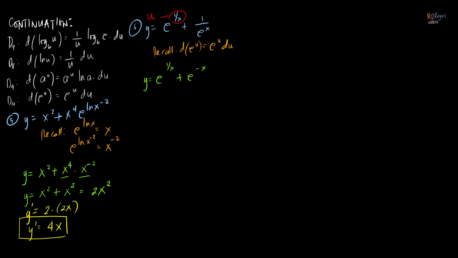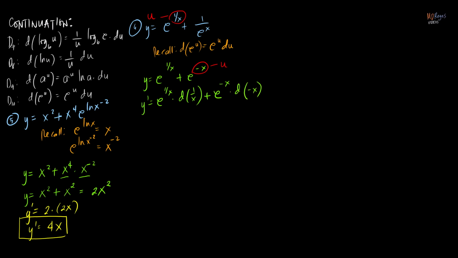So in the second term, this is u. So now y prime is equal to, the derivative of e to the u is e to the u itself times du. So it's e raised to 1 over x times the derivative of 1 over x, because u is equal to 1 over x in the first term, plus in the second term, it's e to the u also times the derivative of u, where u is negative x.